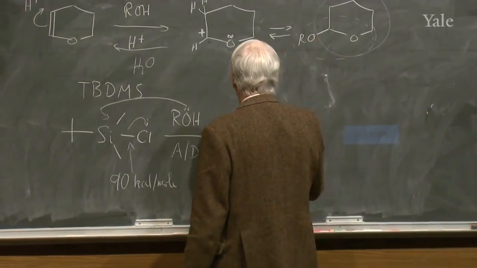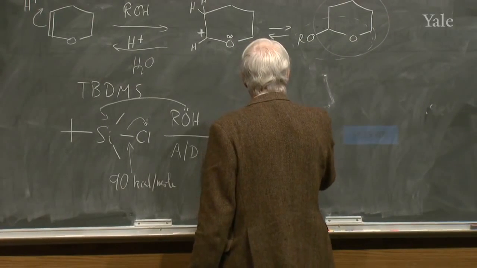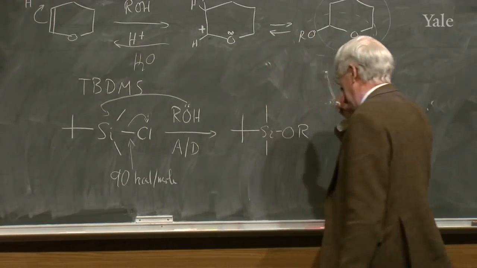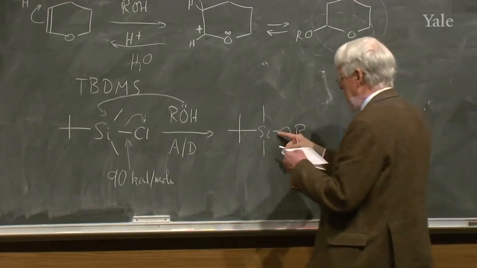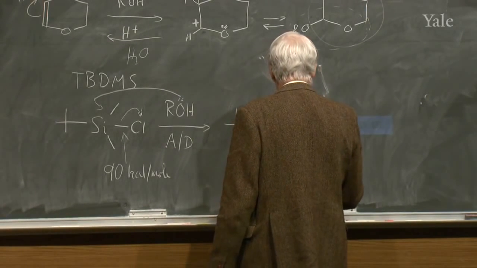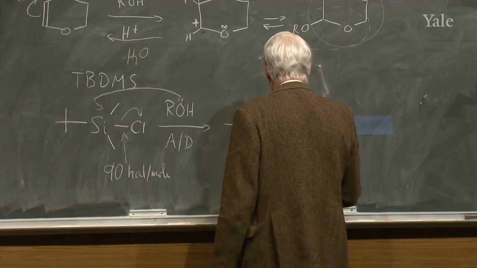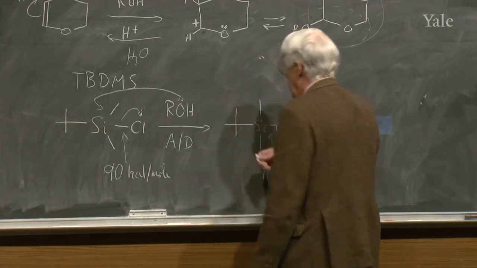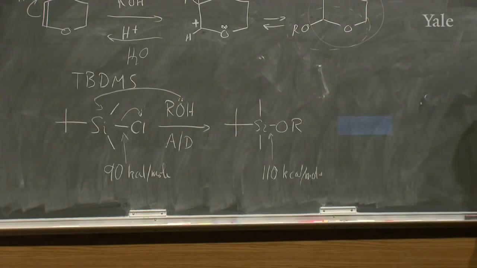So now we got t-butyl, Si, methyl-methyl, O-R, right? And the strength of the SiO bond is 110 kilocalories per mole. So this is downhill in energy.